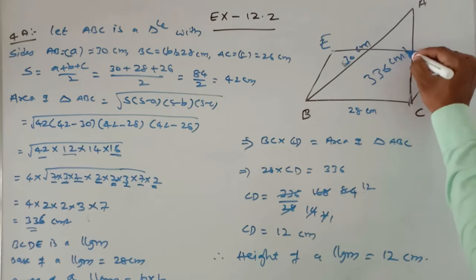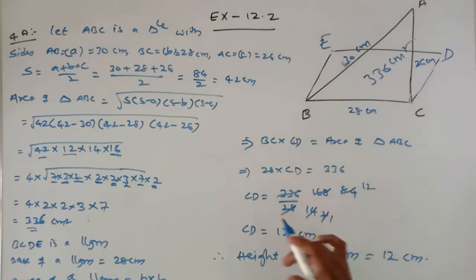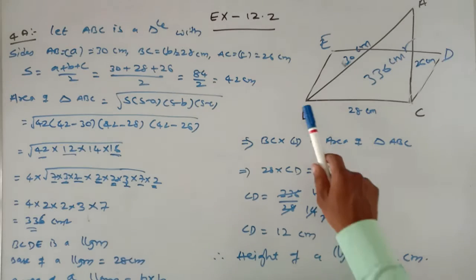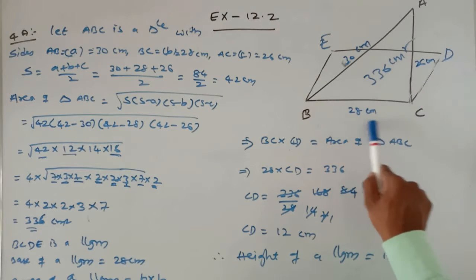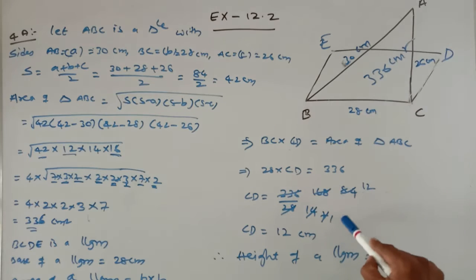This triangle area is equal to the total parallelogram area. We know the formula for the area of a parallelogram is base into height. I know the base: 28 into height is equal to 336. After simplification, I get CD, that is the height of the parallelogram, equal to 12 centimeters.